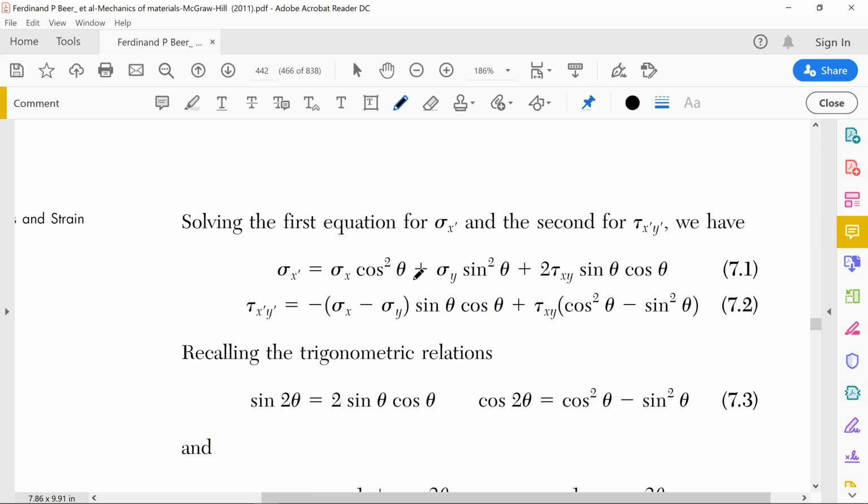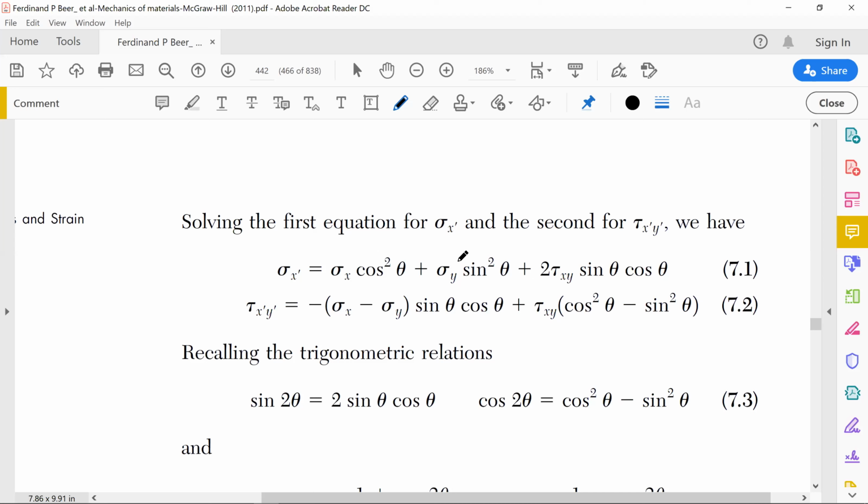But since we are dealing with sigma y as well as tau xy, we will add all these: sigma x cos square theta plus sigma y sin square theta, because between sigma x and sigma y a 90 degree phase shift exists. So if it is cos, it will be sine, and if it is sine, it will be cos. And then since two tau xy values exist, one was tau xy and the second was tau yx, we get 2 tau xy sine theta cos theta, right?